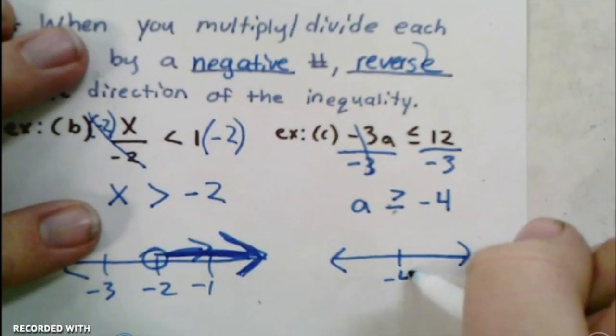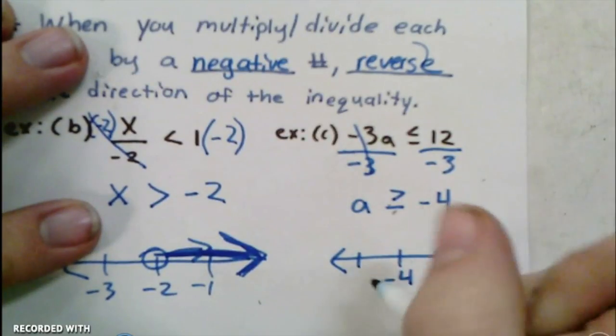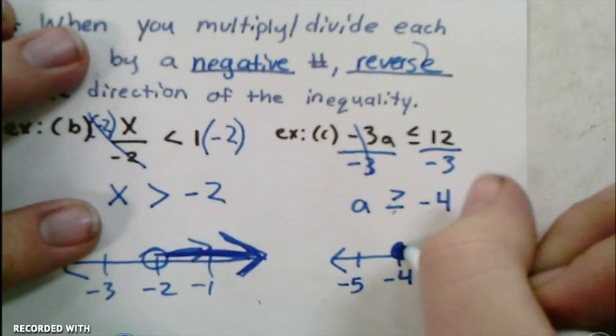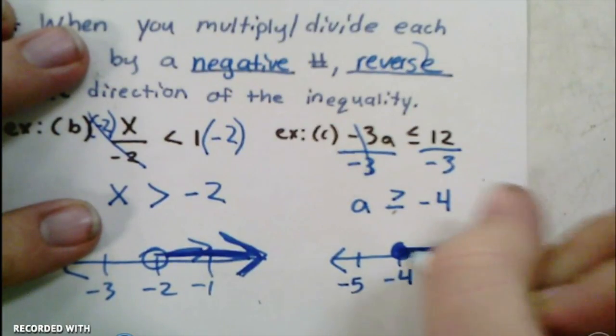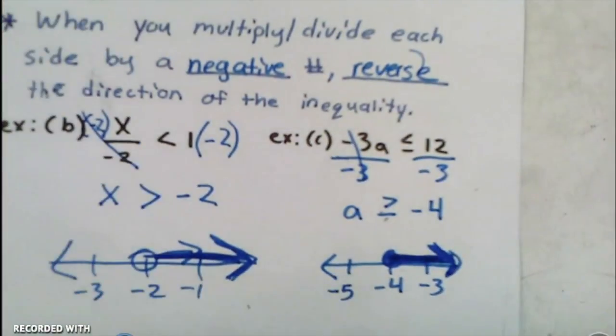Graph it. -5, -4, -3. Fill it in, circle it, and it's going to go in this direction. Okay? Yeah? You get it?